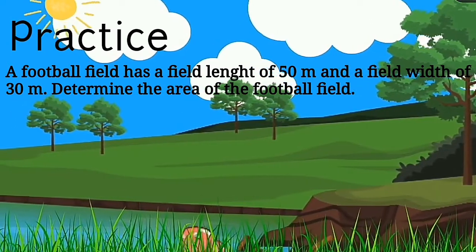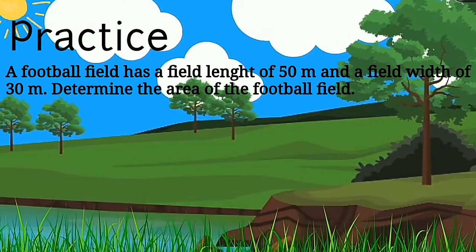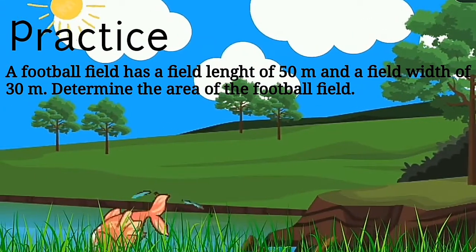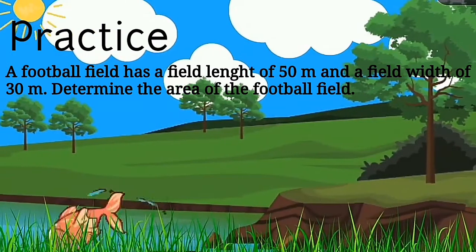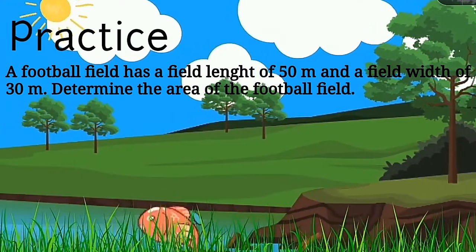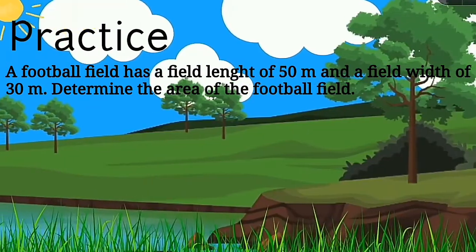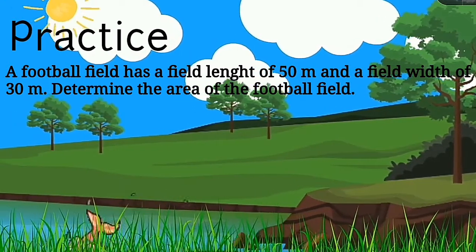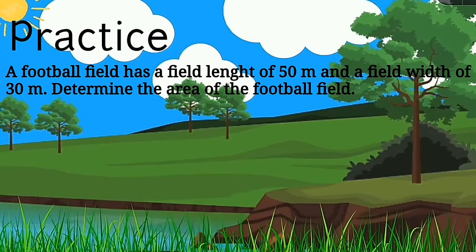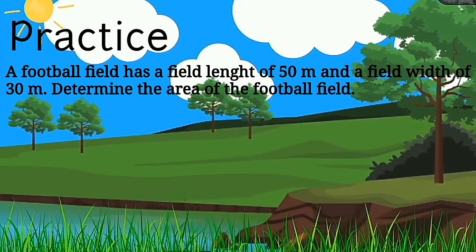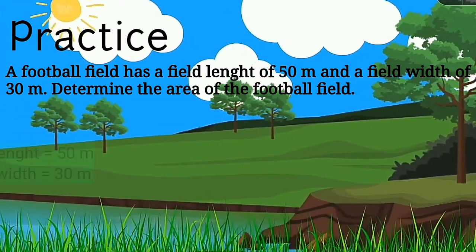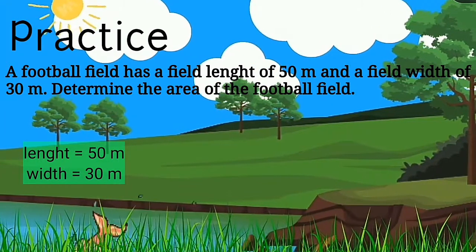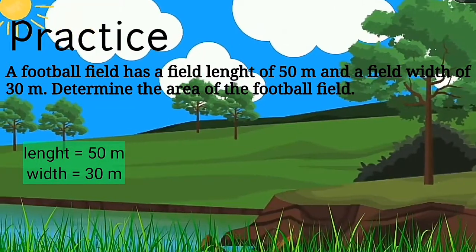Now let's answer together. A football field has a length of 50 meters and a width of 30 meters. Determine the area of the football field. It is known that length equals 50 meters and width equals 30 meters.